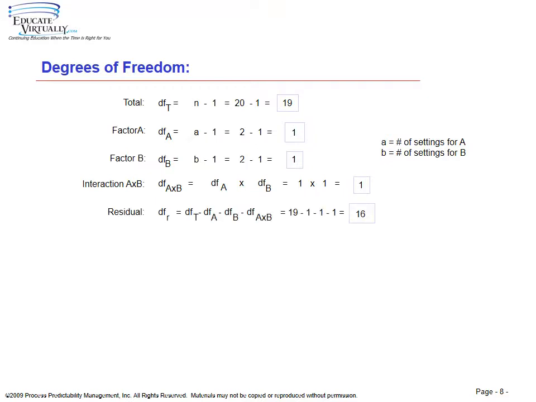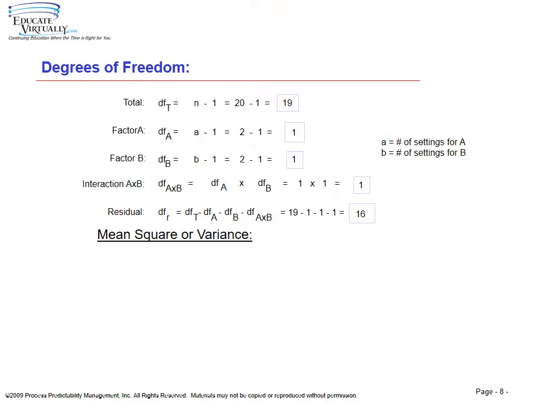So the leftover or residual degrees of freedom, which is part of our bank account, which cannot go to 0, it's going to be 19 minus 3, leaving us with 16 degrees of freedom for a residual. So now we'll be able to conduct our analysis of variance because we have plenty of data points, which allows us to have plenty of degrees of freedom to conduct our analysis of variance.